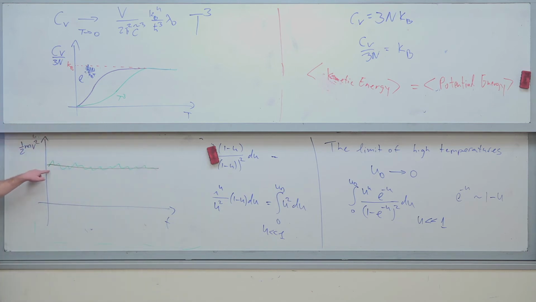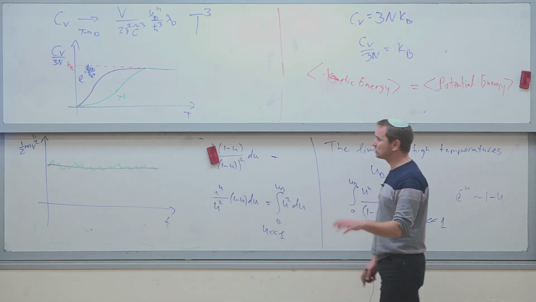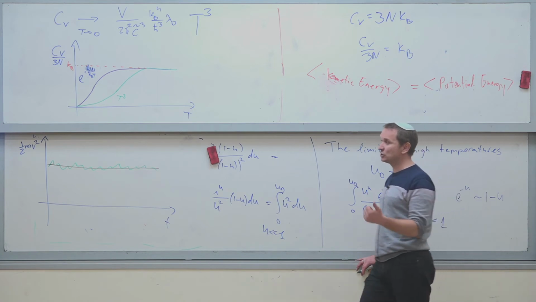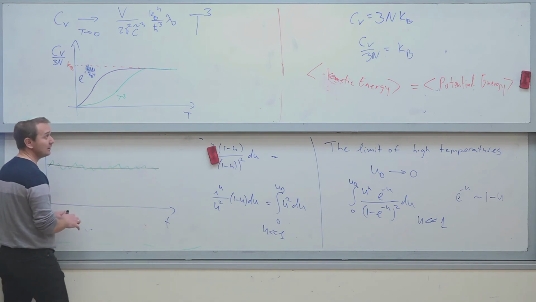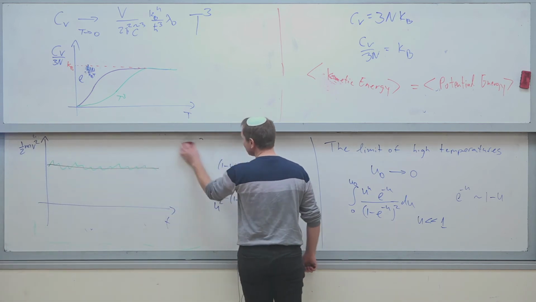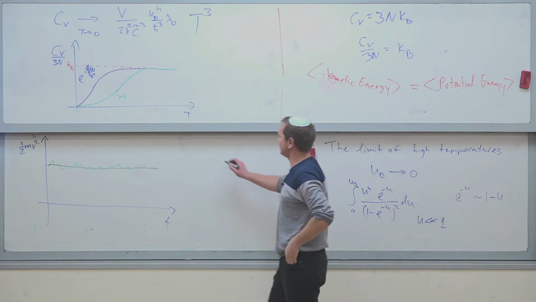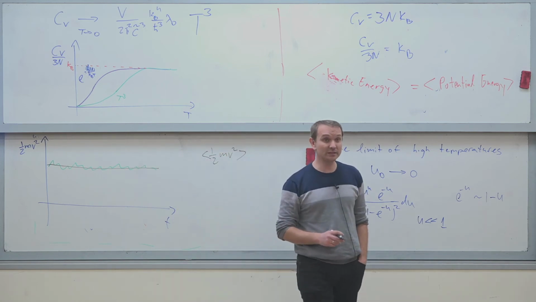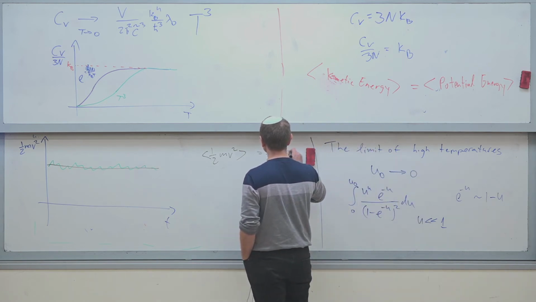If I measure the potential energy of the particle, recording all those small wiggles and fluctuations, I will see that the average kinetic energy and the average potential energy are exactly the same. Moreover, I know what the average kinetic energy is. 1/2 mv squared average is always 1/2 K Boltzmann T.